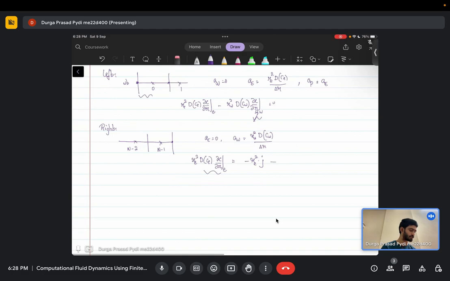So this is essentially a constant. So this will go to your B term and your AP will be equal to AW. Since it is a normal condition, you won't have any contributions to your AP term.